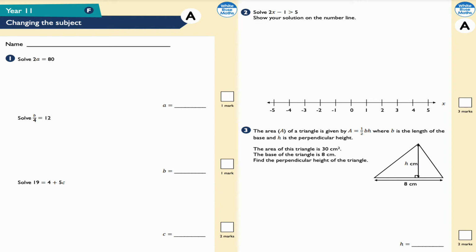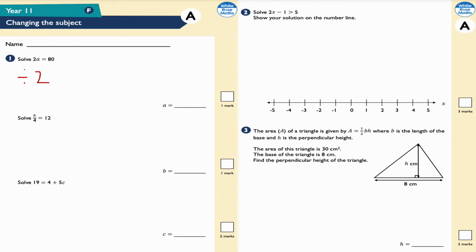Right guys, we are now looking at Year 11 Foundation tier for changing the subject. This one's aimed at a slightly lower level, so I would say grade 4, 5, maybe even grade 6 for some parts of it. Question number 1. Solve 2a equals 80.